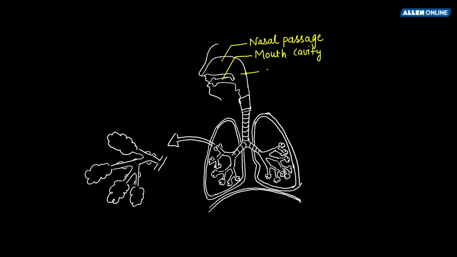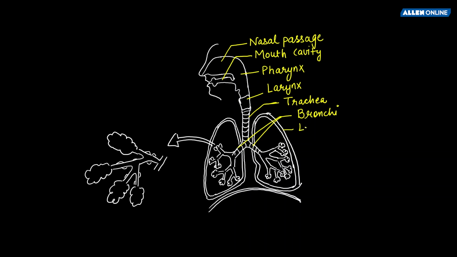Then the next part, pharynx, common passage for both food and air. Now the next one is the larynx, voice box. Then windpipe, trachea. Then it divides into bronchi that enter into our lungs.